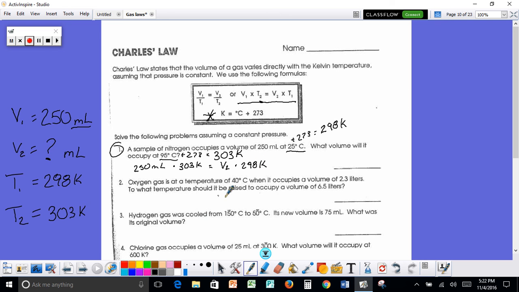Now, again, just some manipulation. I want to have V2 by itself, so I'm going to divide 298 on both sides, so it'll cancel on the right and move to this position on the left. The only reason why I do this is just to show you our unit cancellation. Kelvin cancels, leaving milliliters as our new unit.